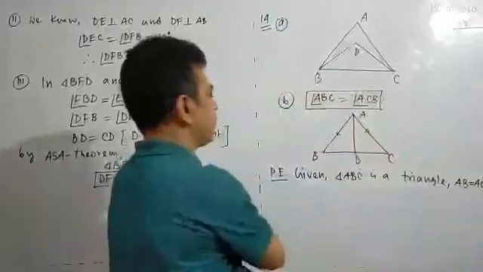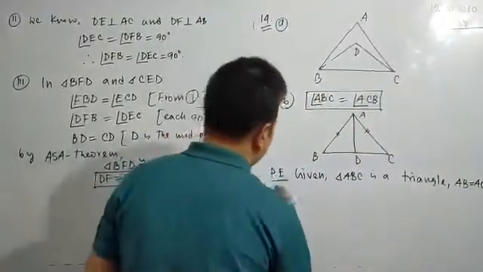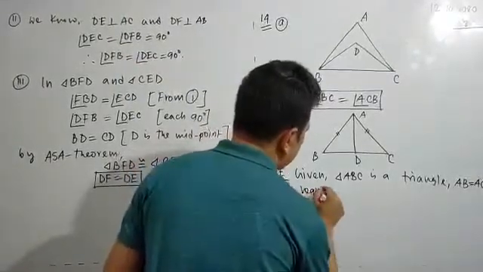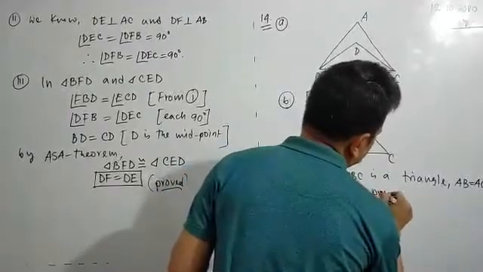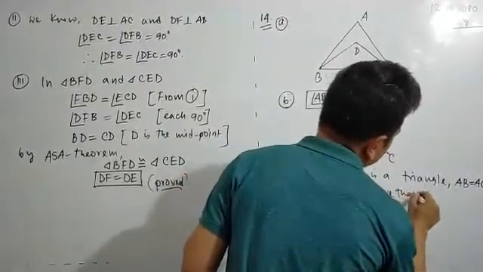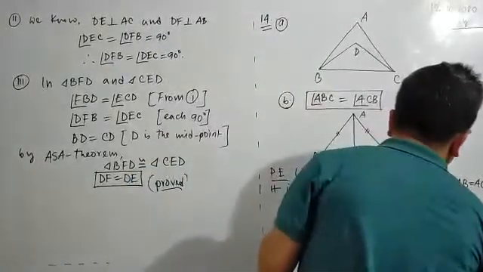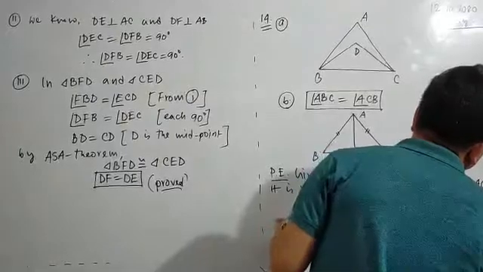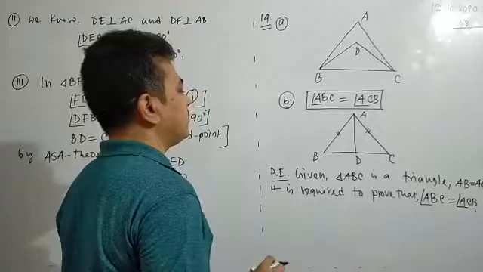It is required to prove that angle ABC is equal to angle ACB. Okay, angle ABC equals angle ACB.